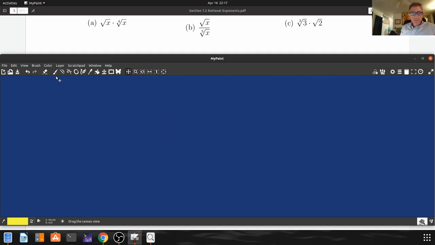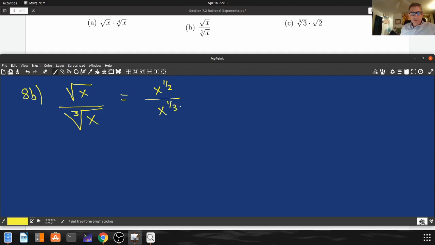So let's do another one. 8b. I have the square root of x over the cube root of x. So I'm going to convert the numerator into x to the 1/2 power and the denominator to x to the 1/3 power.